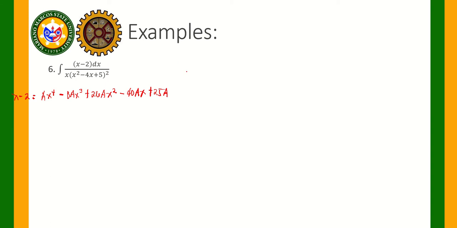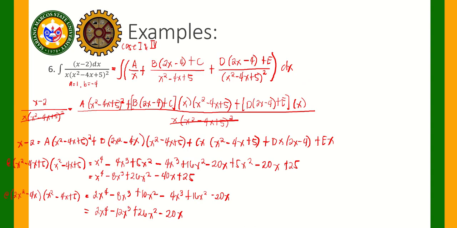And kay b naman, we have positive 2b x raised to 4 minus 12b x cubed and then plus 26b x squared, and then minus 20bx. Tapos kay c na tayo dito sa part na to.